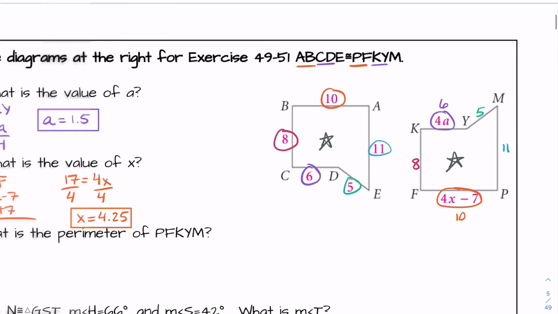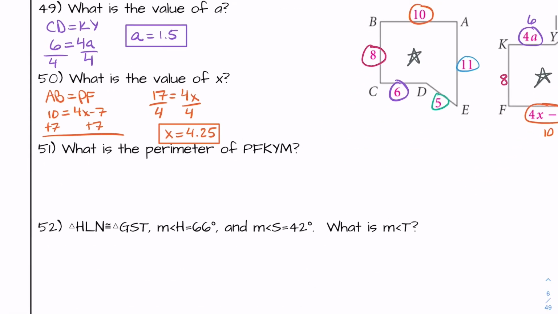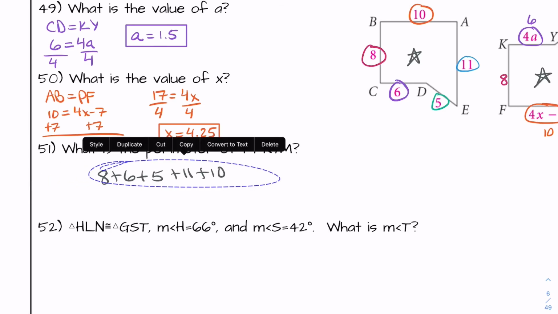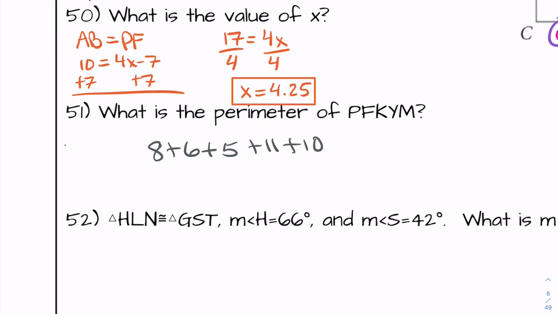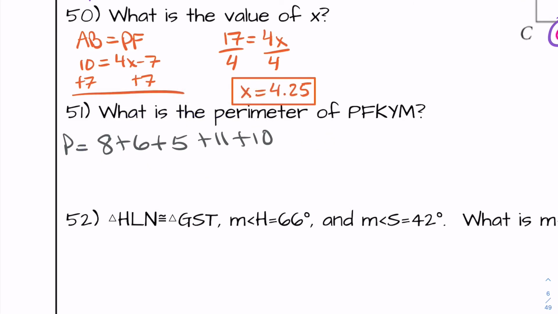Okay, so the perimeter is going to be 8 plus 6 plus 5 plus 11 plus 10. Let's see, I'm getting 40.